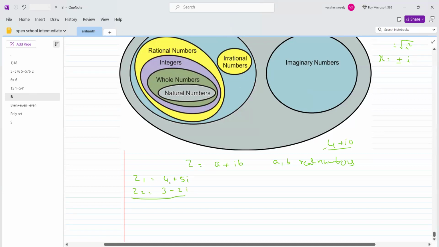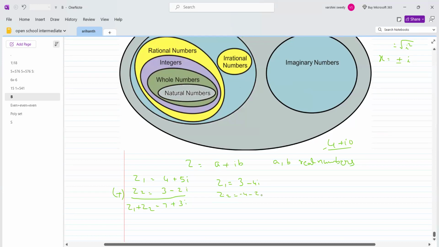Real parts add to 7, 5i minus 2i is plus 3i. So Z1 plus Z2 is 7 plus 3i.